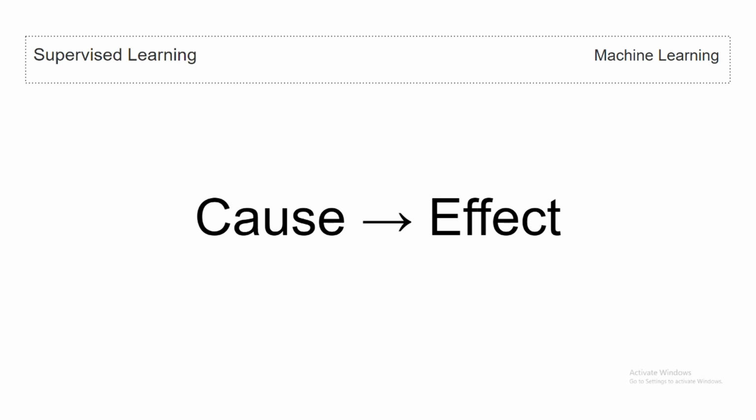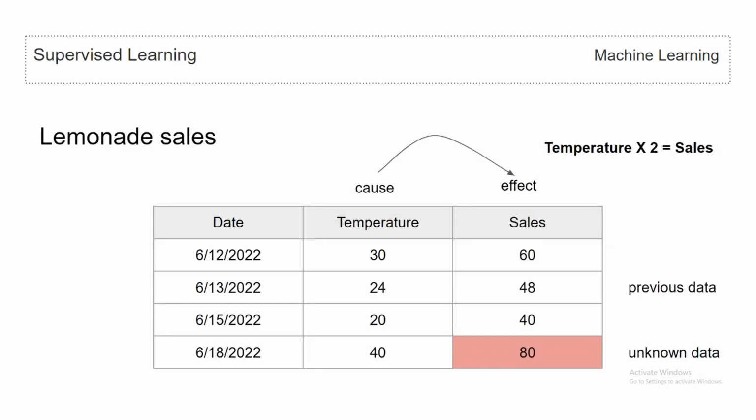If we look at the next slide, you can see that today's example will be predicting a lemonade sale. So over here, we have the cause, which is the independent variable, and it's represented as the temperature. We have temperatures for these specific dates: 30, 24, 20, and 40.